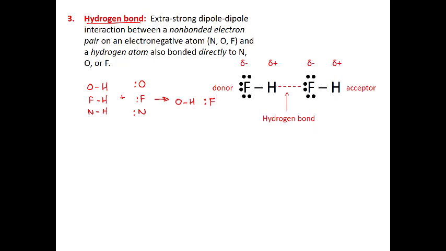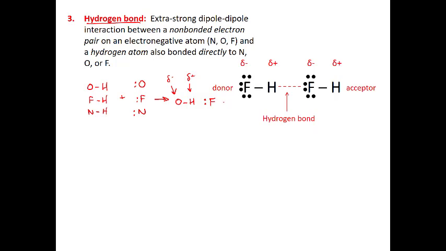So for the sake of argument, I'll draw a hydrogen bond between an OH and a fluorine. So notice that oxygen is highly electronegative, so it's going to tend to pull electrons toward itself. Hydrogen is not. So that means that our oxygen will have a partial negative. Hydrogen has a partial positive. Okay, so far so good.